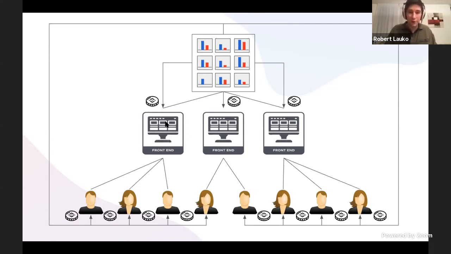So the more turnover a front end generates, the higher will be its share of LQTY tokens that it receives over time. So this is a continuous allocation.